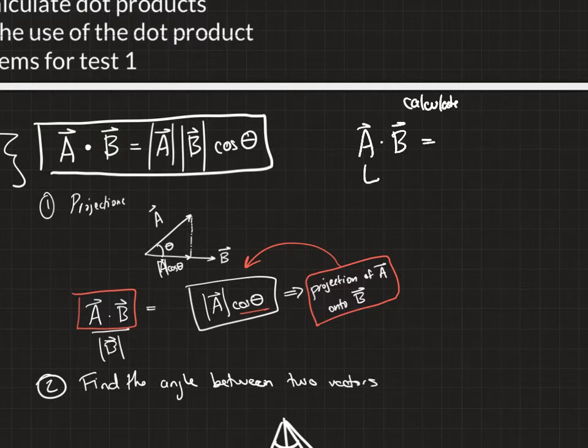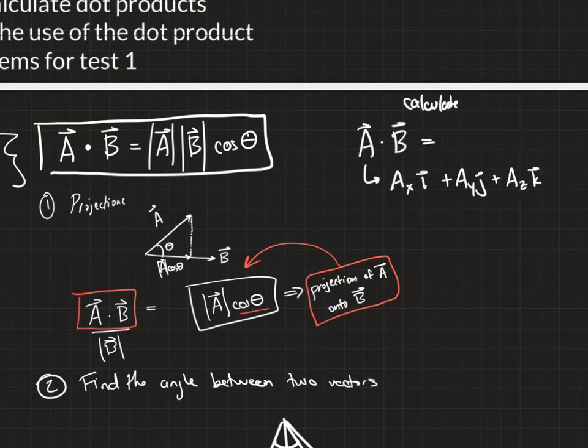And this is going to assume that A is A in the x direction times the i vector, plus A in the y direction times the j vector, plus A in the z direction times the k unit vector.